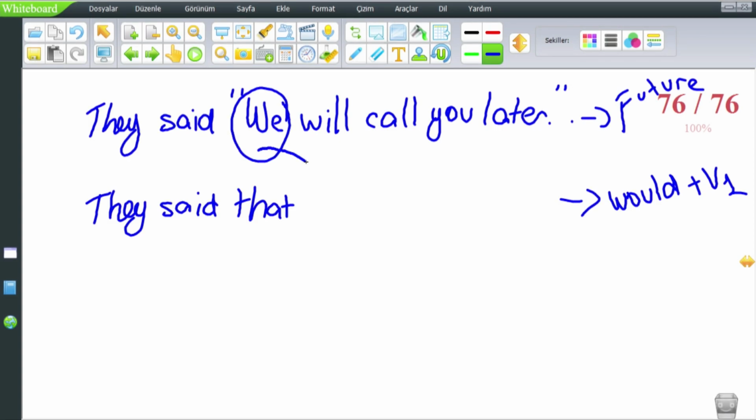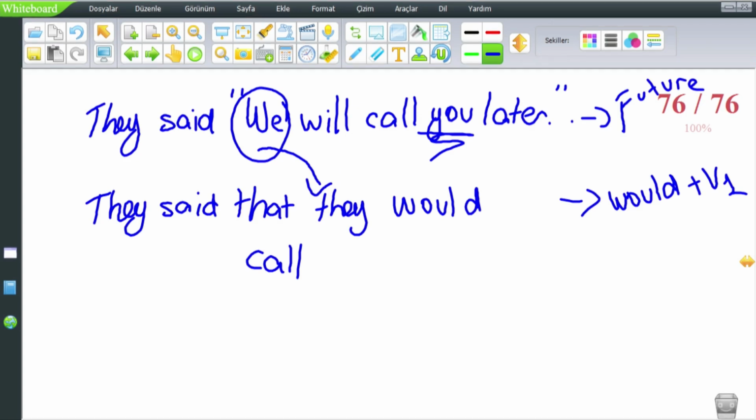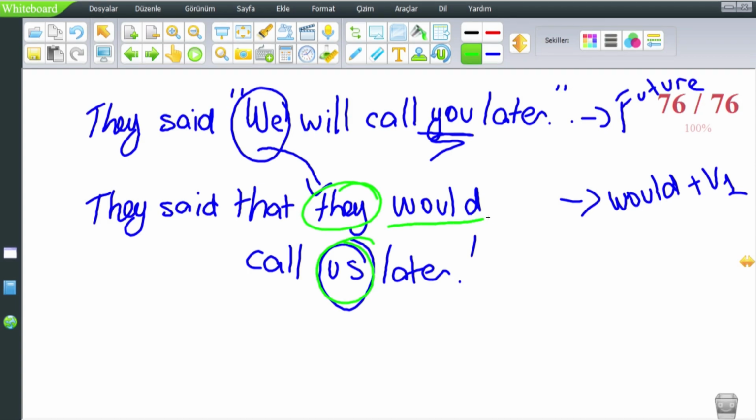Here we turns into they because now I am talking about who said this sentence. I want you to look at here, here, and here.